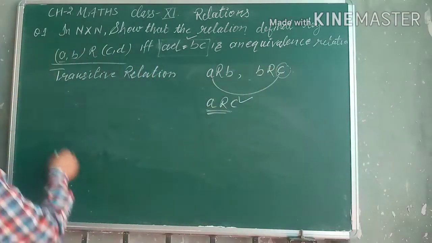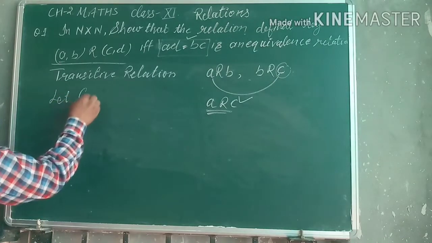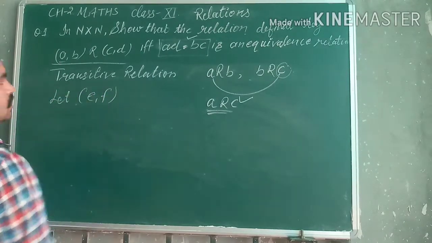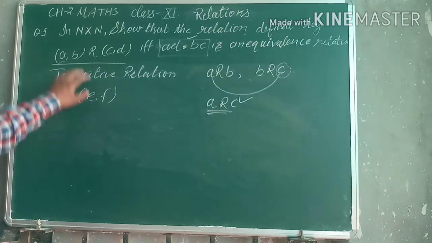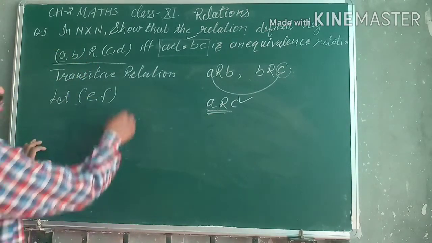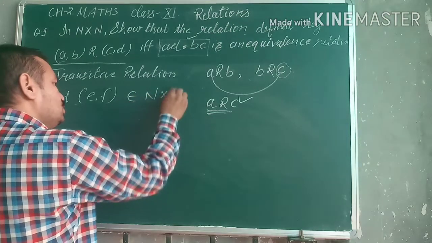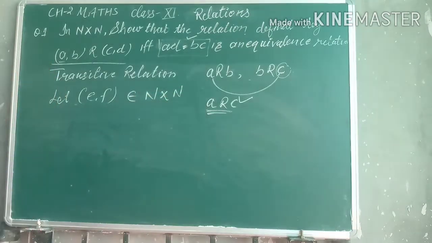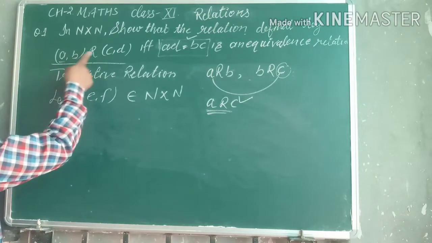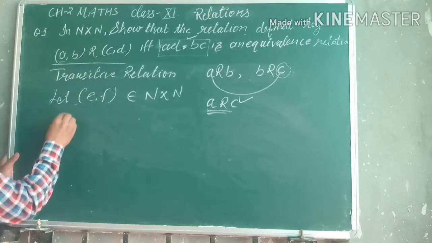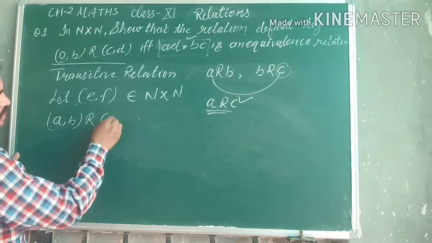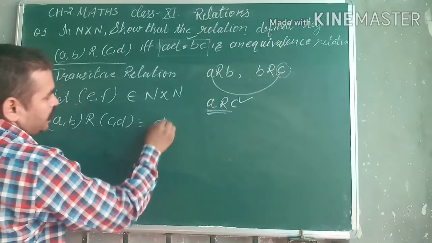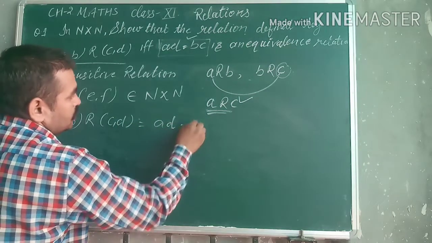So let (e, f) be an ordered pair that belongs to N cross N. Now what do you have to prove? It is given that (a, b) R (c, d) gives AD equals BC.